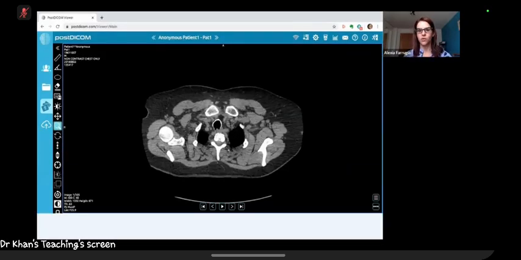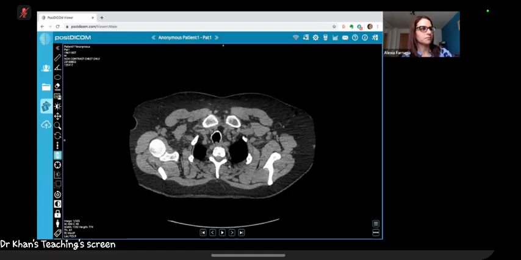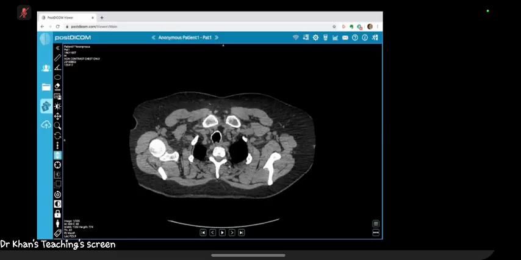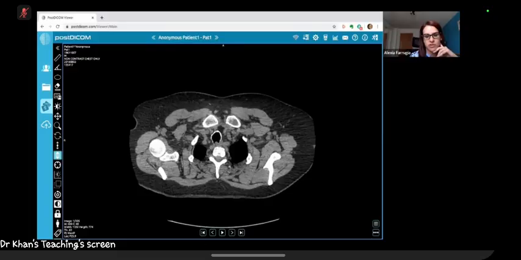Okay, so focus on the aorta, because we're querying aortic dissection for this patient. Go through. This is a non-contrast CT.